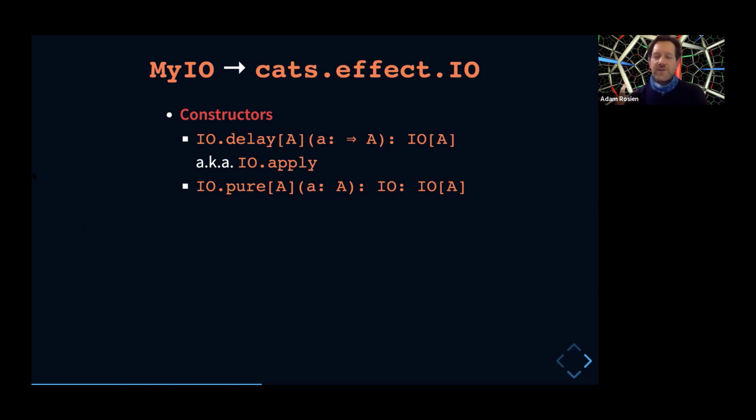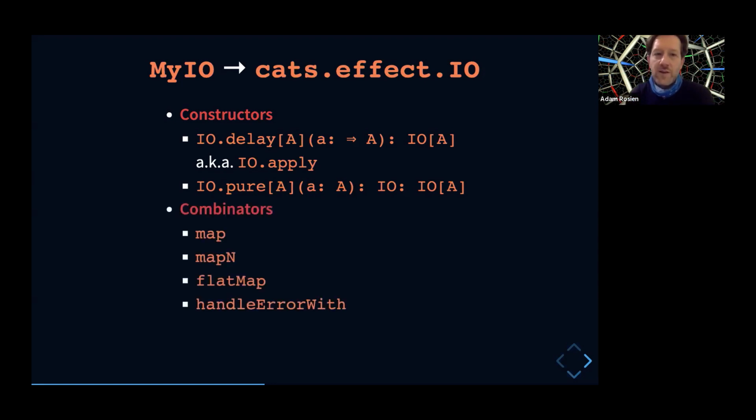So that's how we get into IO. There's usually sort of three steps. You get in, you do a bunch of stuff within that world, and then you might get out. Once you're in the world, these are sometimes called combinators. They're about transforming the IO into another IO. So these are very familiar things. These would be sort of the most common combinators.